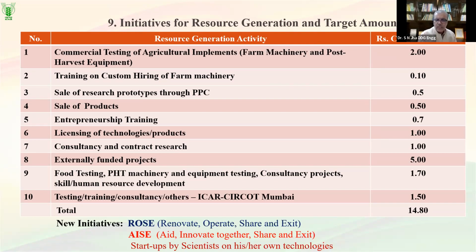So why should we not allow them to open their own startups and do everything, and based on the policy decision we have to decide, they can generate funds for ICAR also, and they will also be happier to generate more income for themselves using their own technology. So these three are the ideas which I put forth to the honorable DG sirs and all the officials. We can discuss and do this.